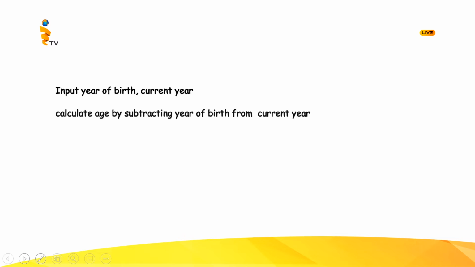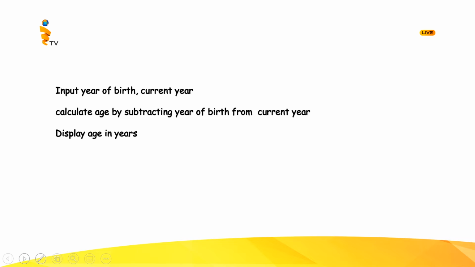So we say calculate age by subtracting year of birth from current year. You have to give the way to do that. So this is the process. Then we can say display age. Now this age is in years. So this is also an algorithm to find the age of a person.